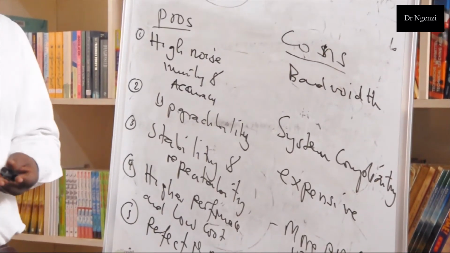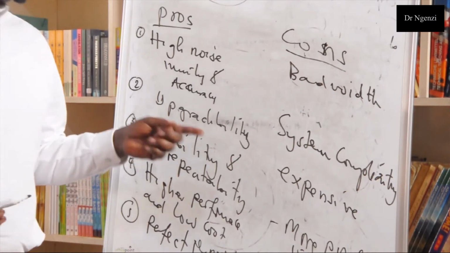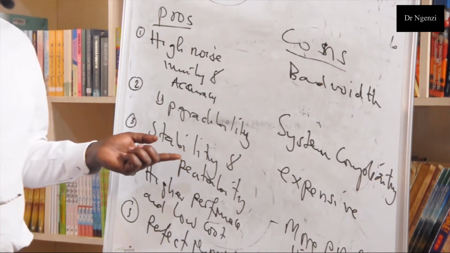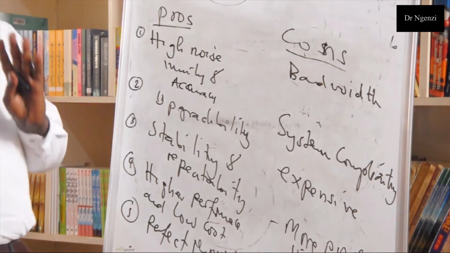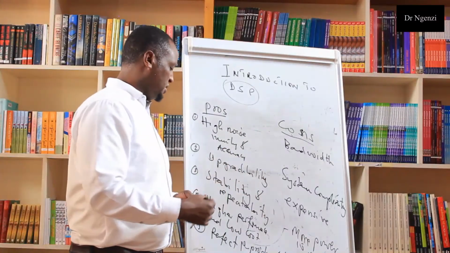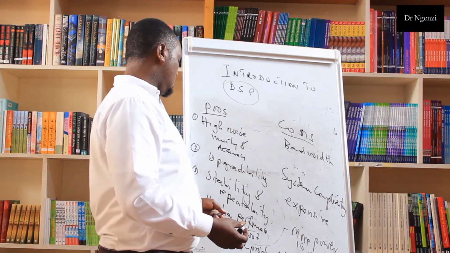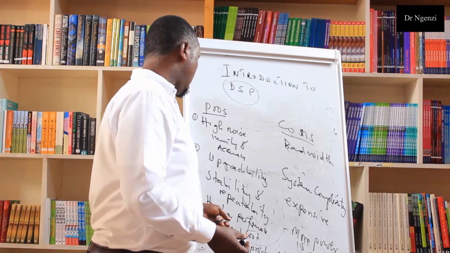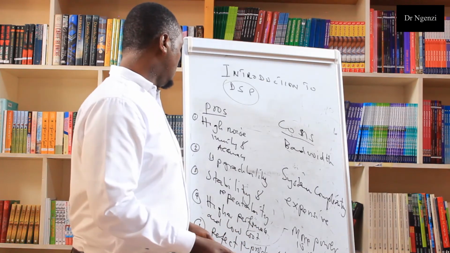You can upgrade it easily. It is stable. The signal is stable, it's not going in a bubbling way, and you can just repeat it in the natural way. The performance is very high and with low cost if you are using them, and so on and so forth.